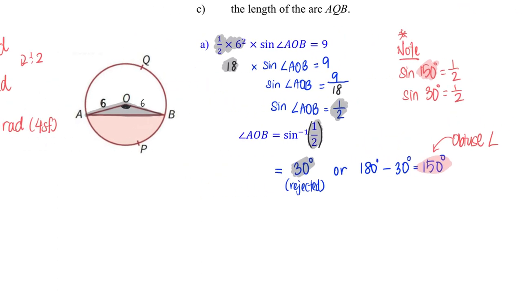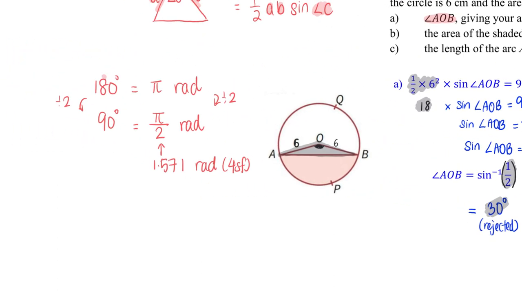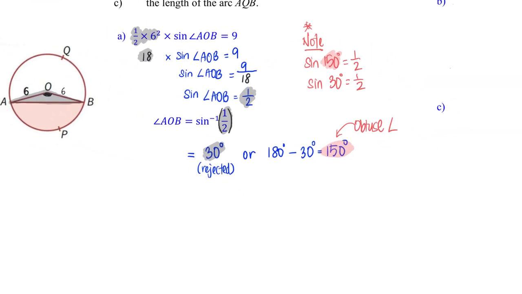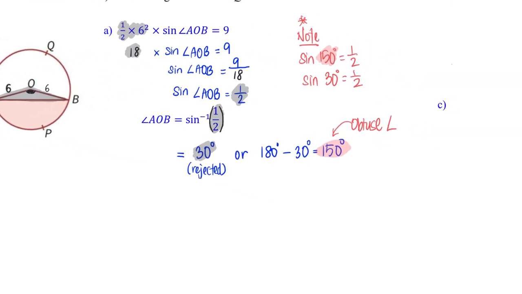So I have to come back to my conversion again, starting with this. I know 180 degree is pi radian. So 1 degree will be equals to pi divided by 180. So 150 degree will then be this.